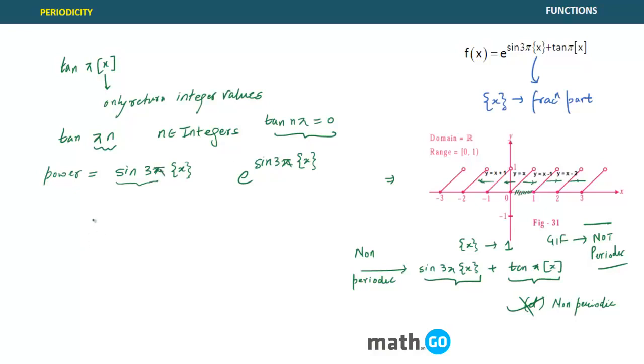How will you solve this now? The period of sin 3 pi {x} is only dependent on the fractional part of x, which is periodic with period 1. So the period of this entire thing is 1, meaning it will repeat itself after an interval of 1 unit. This is the answer we are looking for, and this is how you solve difficult questions based on the period.